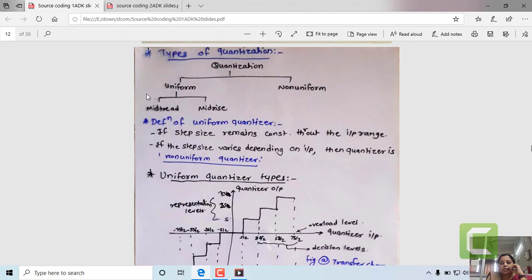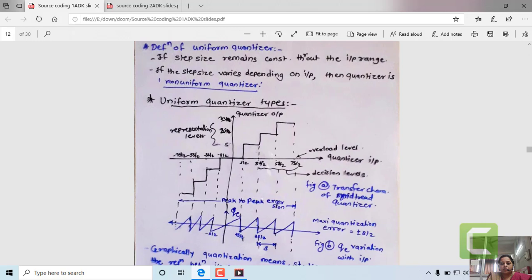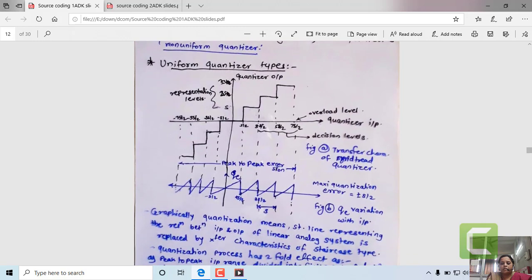Further, uniform quantization is distinguished as mid-tread and mid-rise quantizer. So in detail, one by one, we are now going to see the uniform, non-uniform, mid-tread and mid-rise quantizer, starting with the mid-tread type of uniform quantizer.